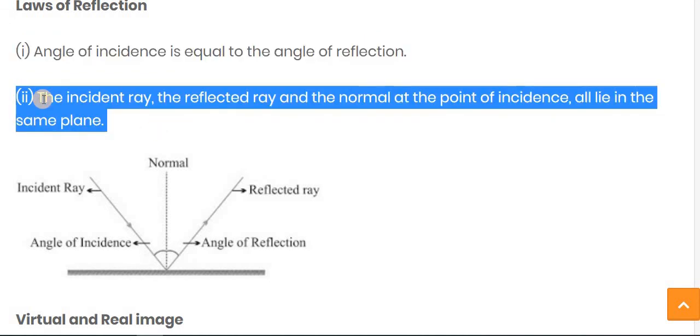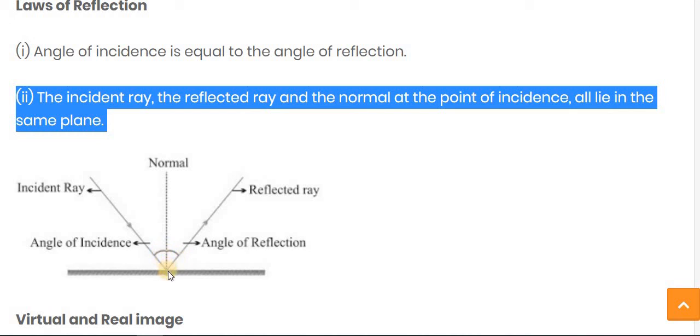The second law of reflection says that the incident ray, the reflected ray and the normal at the point of incidence, over here, all three are in the same plane.